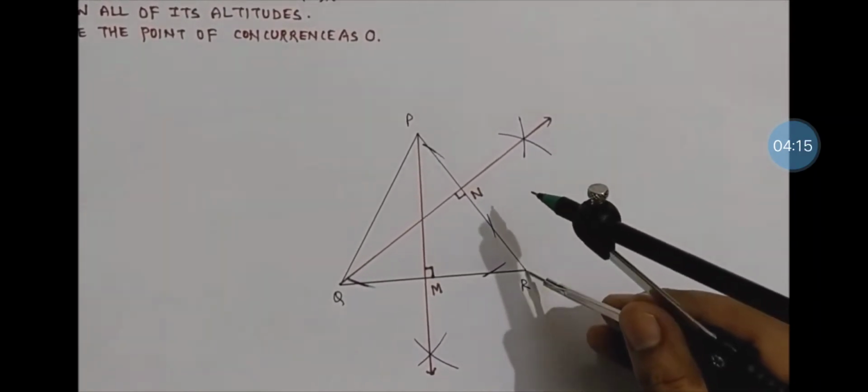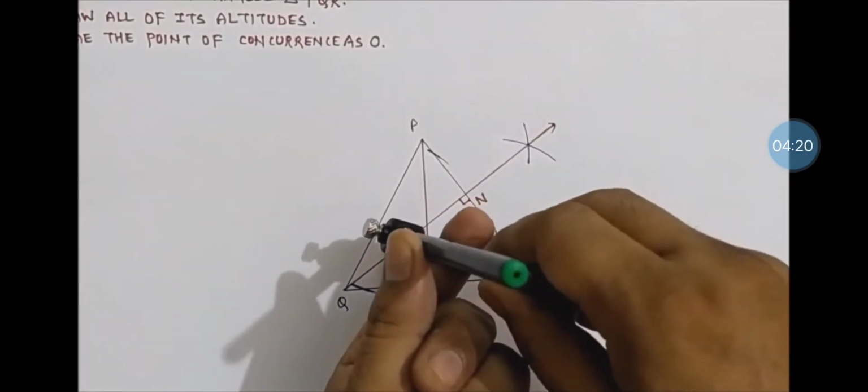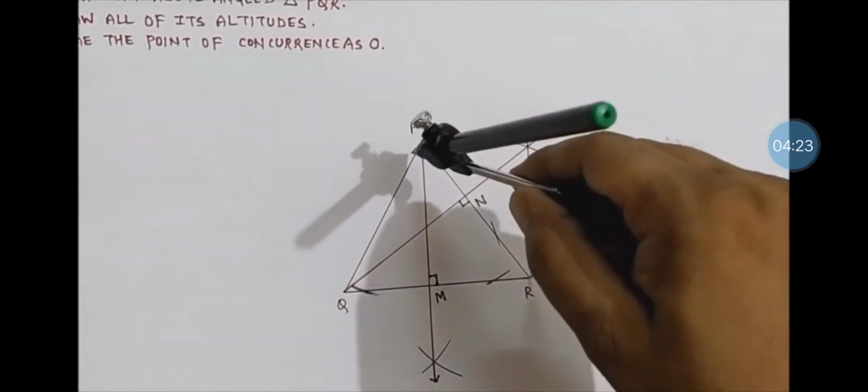Now third, similarly we will draw from point R. Open the compass so that you get the cut on line PQ.